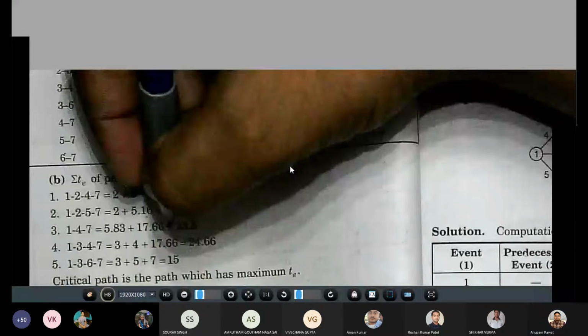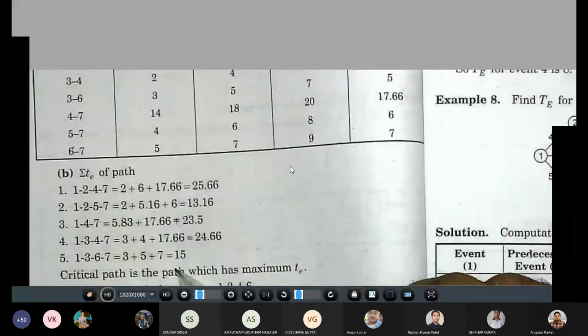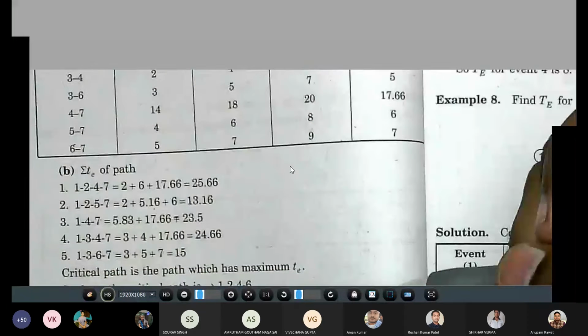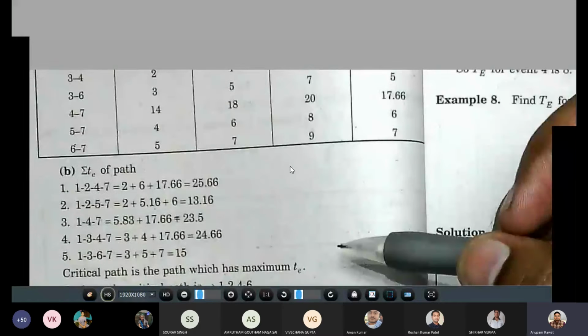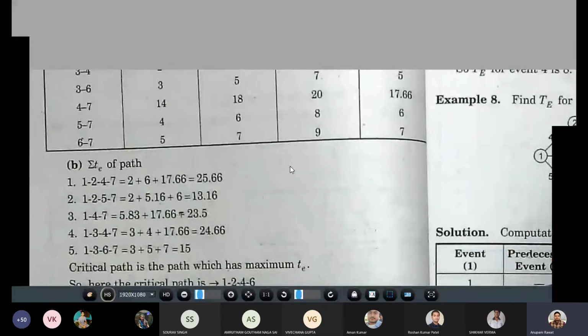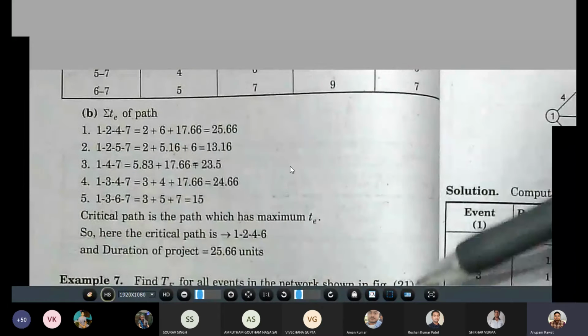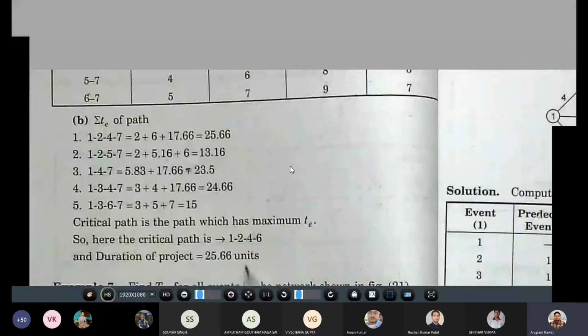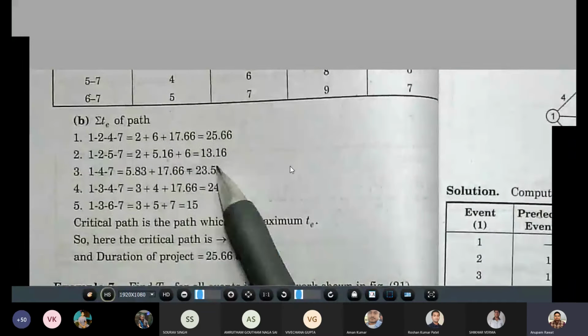Now we have to find out the critical path. So the critical path is basically that path which has the maximum TE or maximum length of duration. So in that we have seen the maximum value is 25.66. So this path is the critical path, and the duration of the path is 25.66.